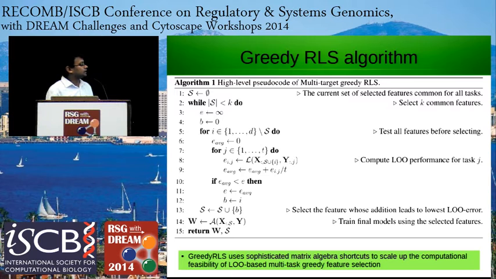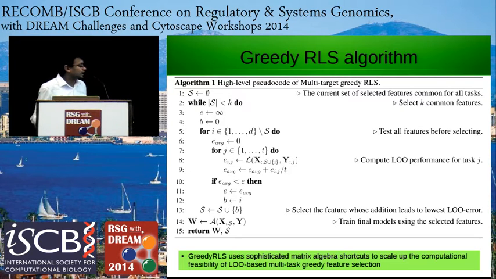The way to add a feature is to compute the leave-one-out performance for each of the tasks when we add that feature, and then we compute the average of the leave-one-outs over all the tasks. We repeat this process for each of the features, and then choose the feature that gives the best performance over all the tasks. This is repeated until we achieve the desired number of features in our model.